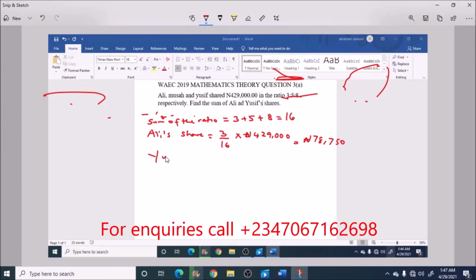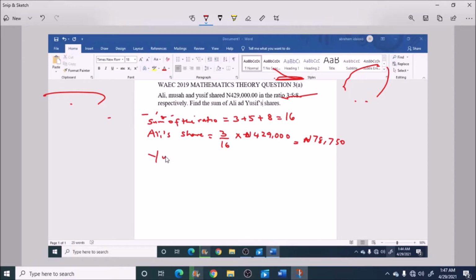Okay, so the sum of Ali and Yusuf's shares is equal to 78,750 plus 210,000.